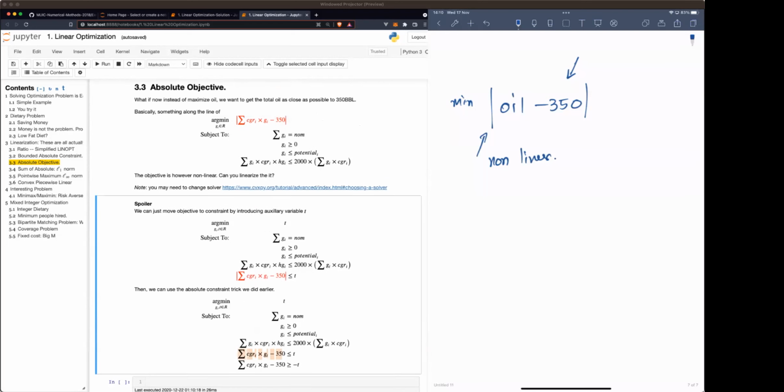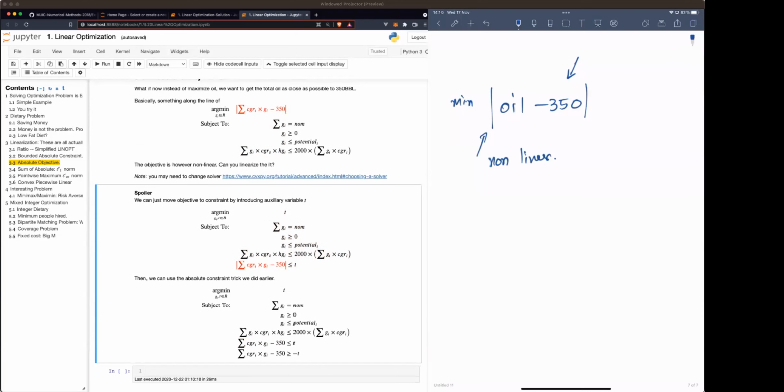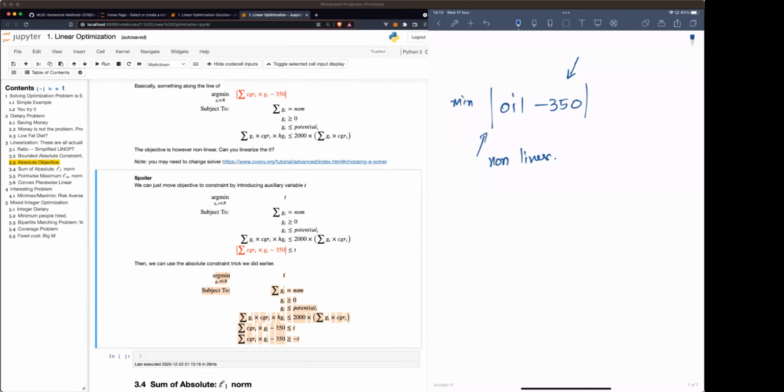So we start with this, we turn it to here, and then we can use exactly the same trick as Tanwin and Adil suggested. Now it's linear, everything is linear. And this problem is exactly the same as the problem above. Okay, so far so good.